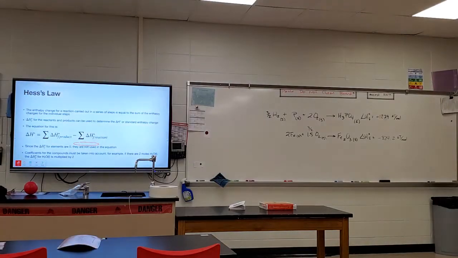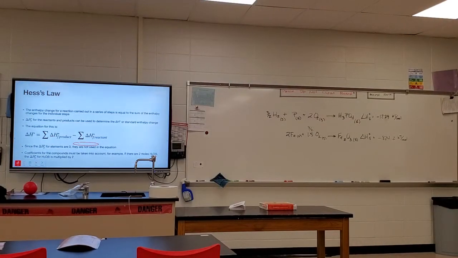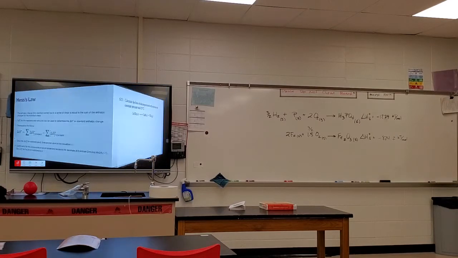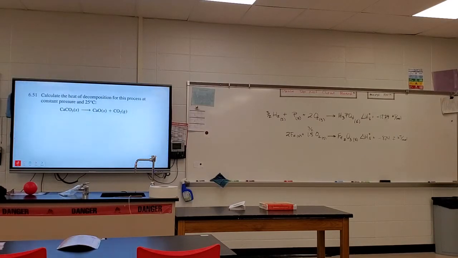Now, we use that data that we just looked at with this equation. Do not be intimidated by this equation. It looks much scarier than what it really is, okay? So we're going to do this problem.